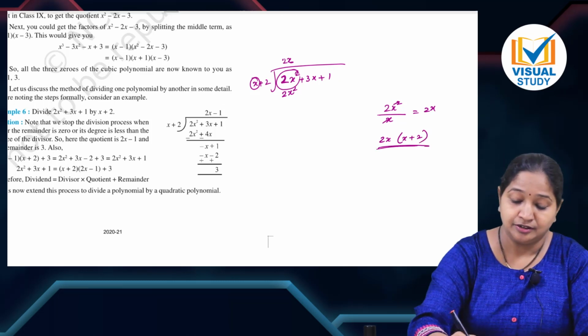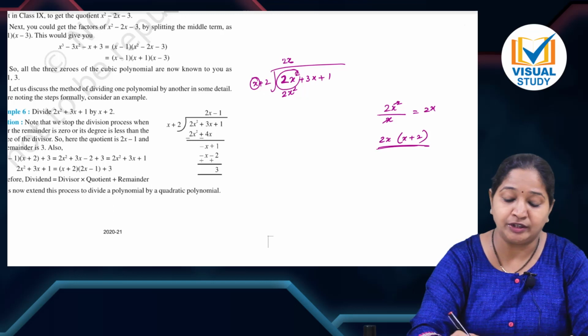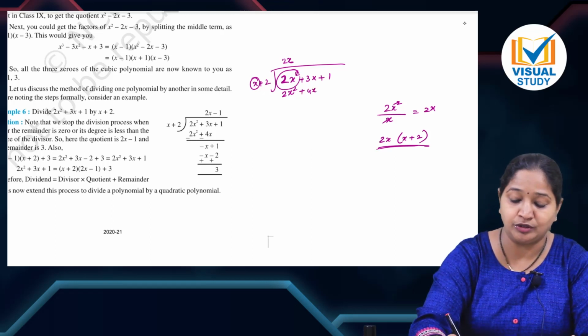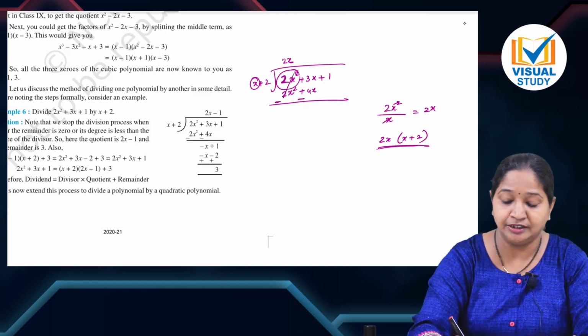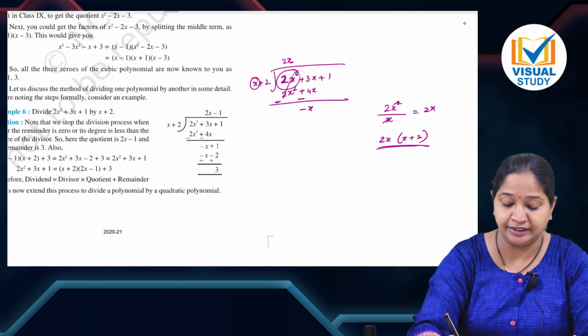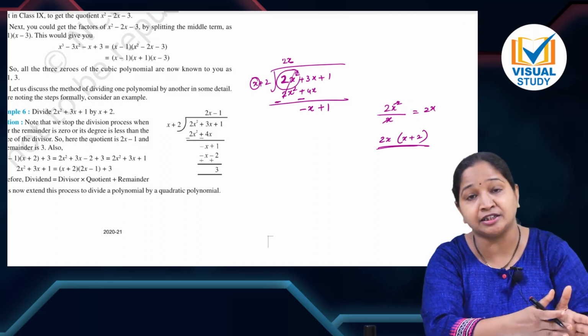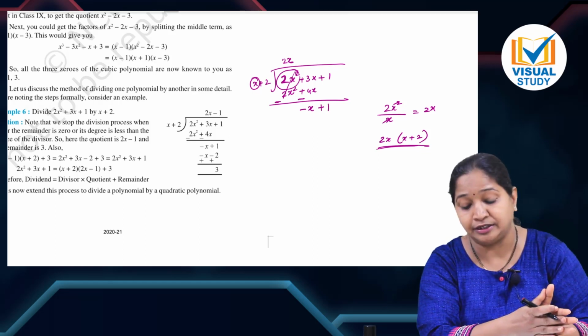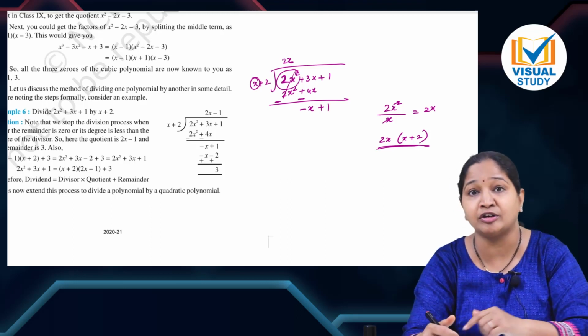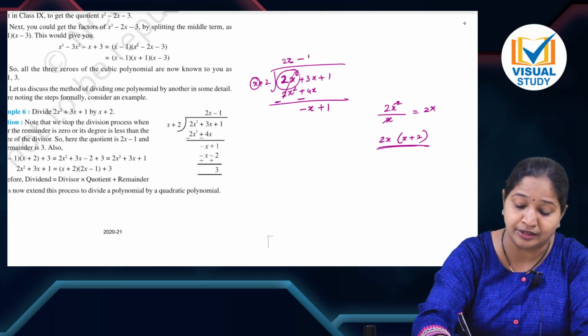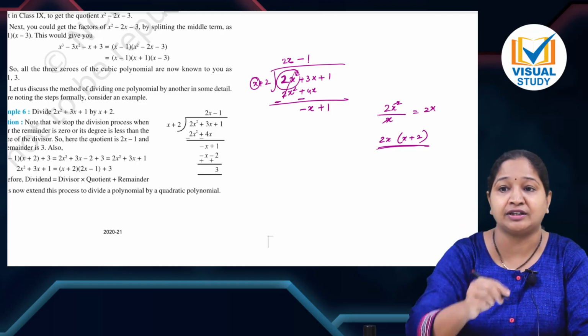Okay. So when you multiply 2x into 2, what you get is 4x. So change the signs. Here it gets cancelled. Here it gets minus x and plus 1. Now already you have x here also in the divisor, and here you have minus x. So you only have to multiply by minus 1.